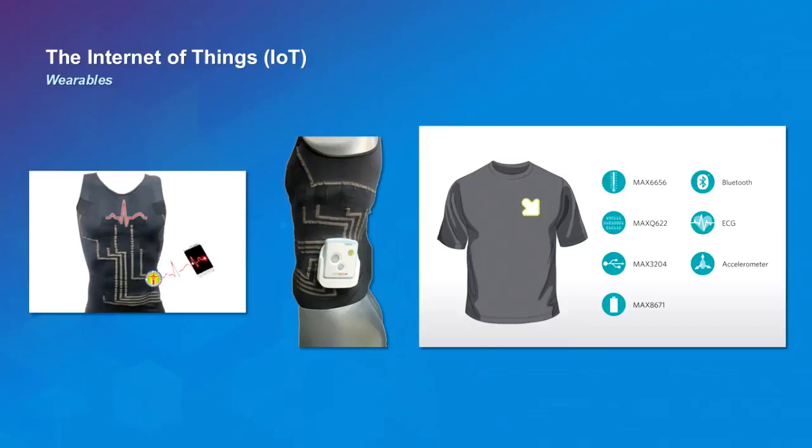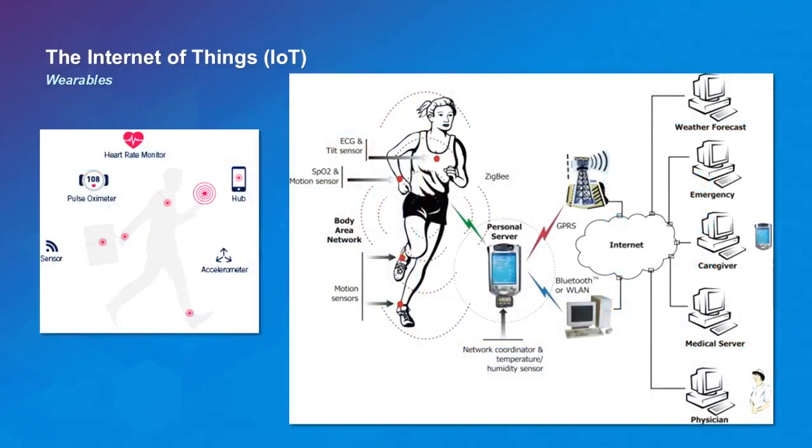Those connect to an edge hub. Most of the time we will use a smartphone. It doesn't need to be a circuit connection like that. It could be Bluetooth or any different wireless connectivity. Then the hub itself will collect data and take care of communication to the back end or cloud service. It does analysis and it will alert the parties that need to be notified.